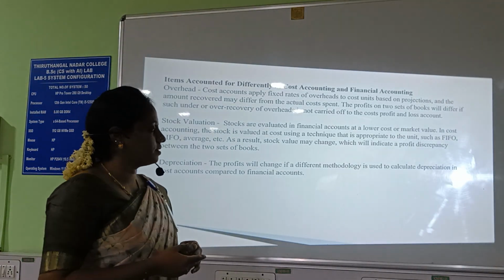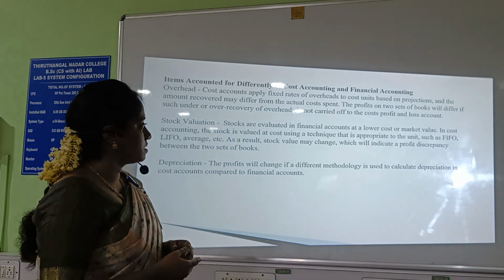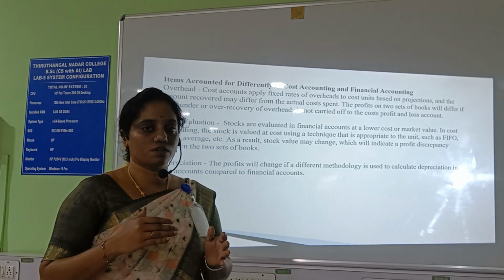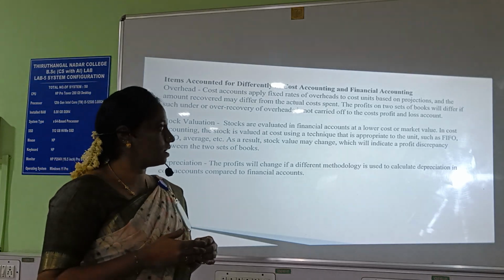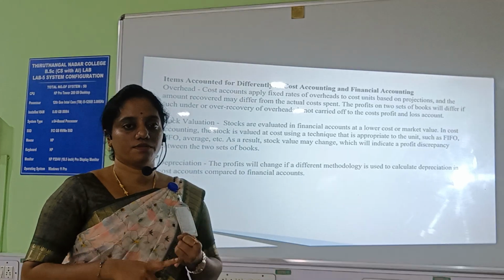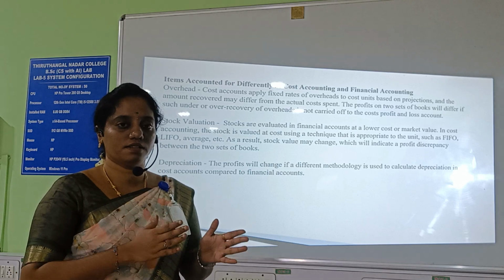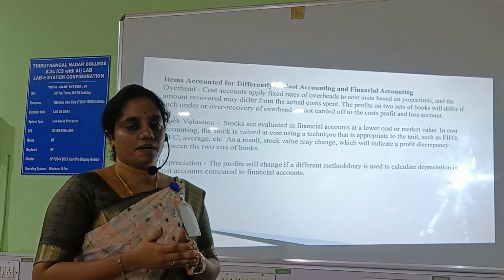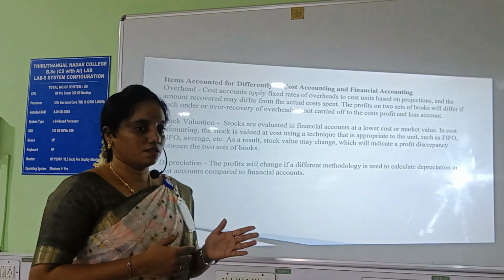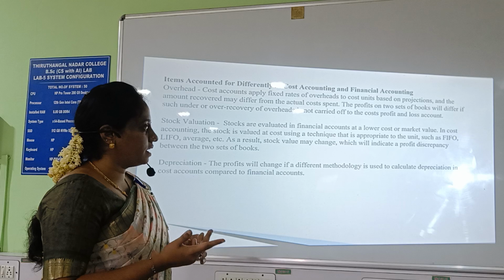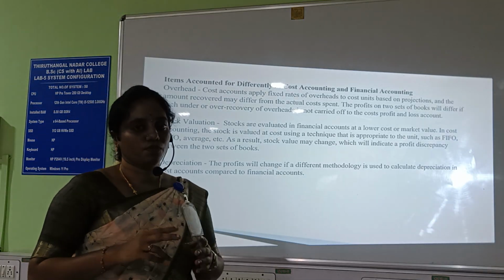Second one is stock valuation. Stock is valued in financial accounts at cost or market value, whichever is lower. In cost accounts, it is valued using a technique appropriate to the unit, such as the FIFO method or LIFO method. By using these methods, they arrive at a value. As a result, stock value may change, which will indicate the profit discrepancy between the two sets of books.